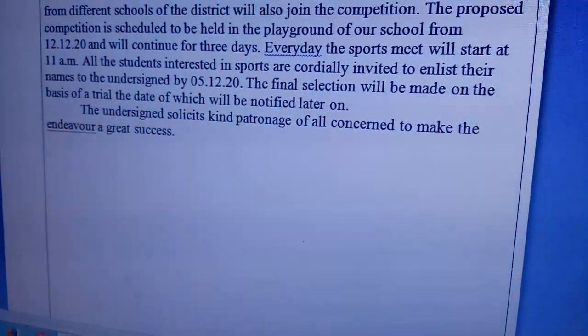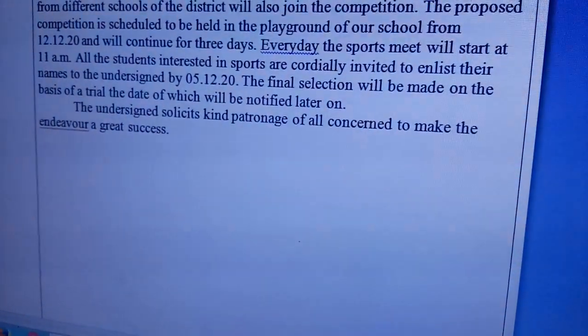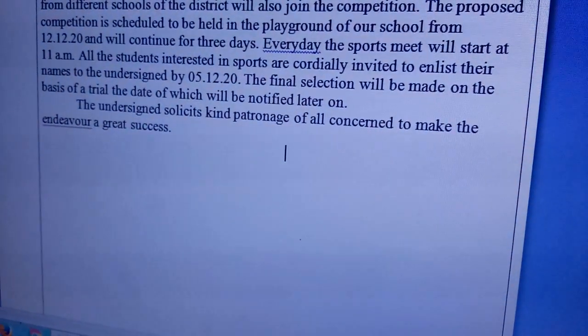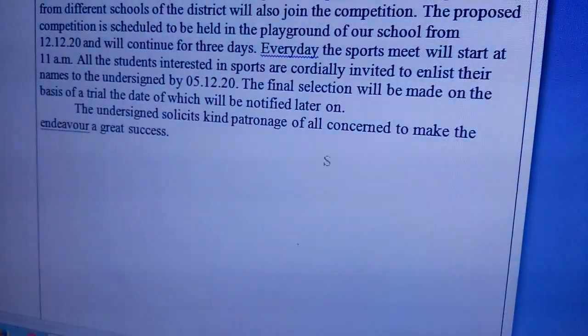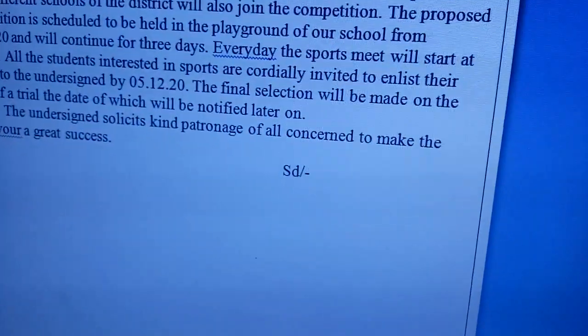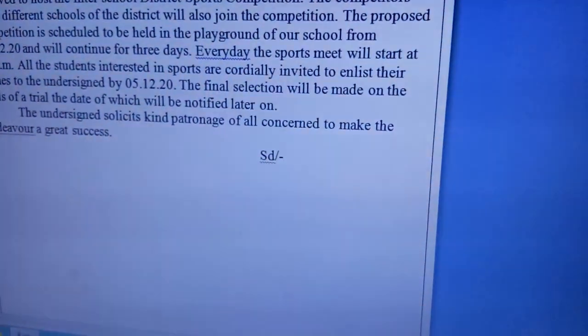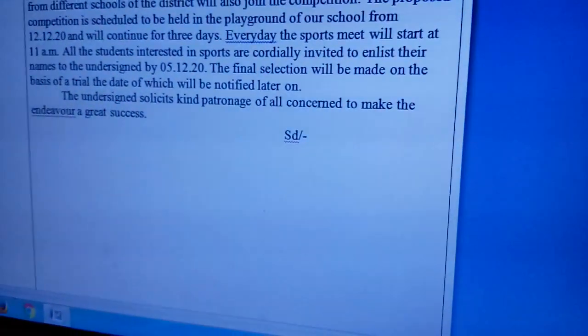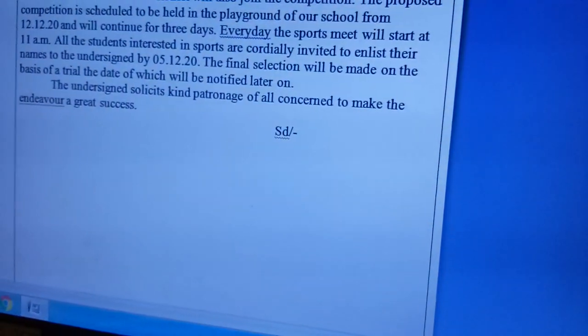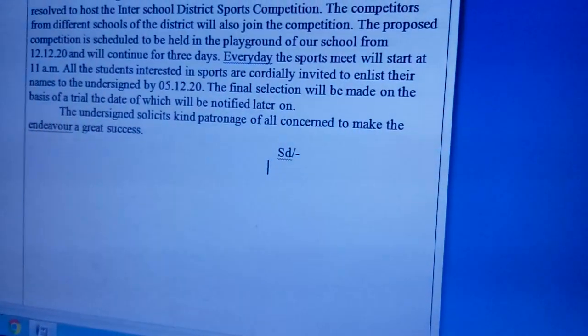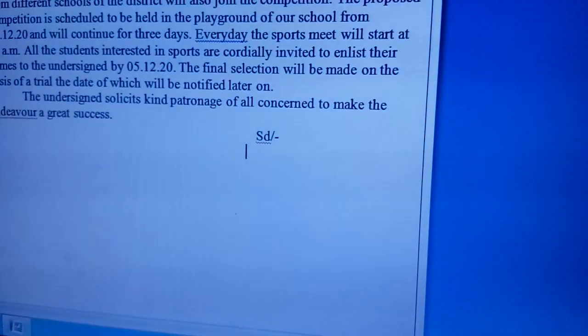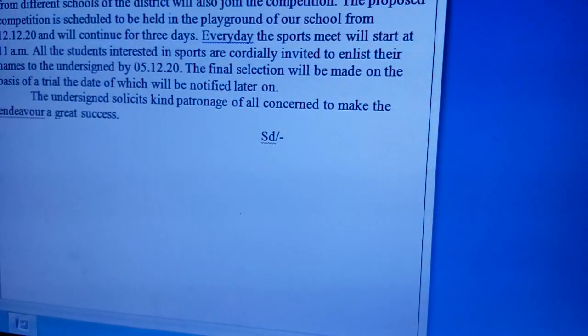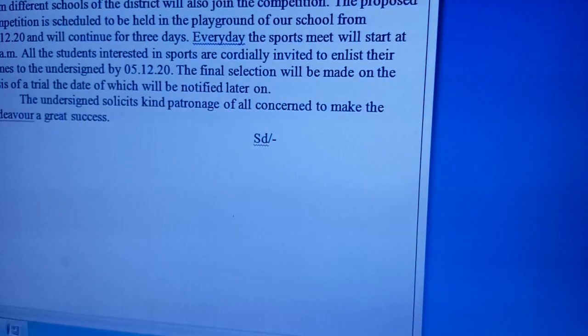Now, you have to write your name. Here you have to write your name. After that, here you have to write your designation, and that is given in the question. Secretary of the sports club.